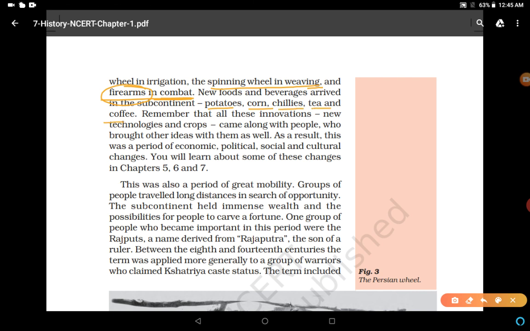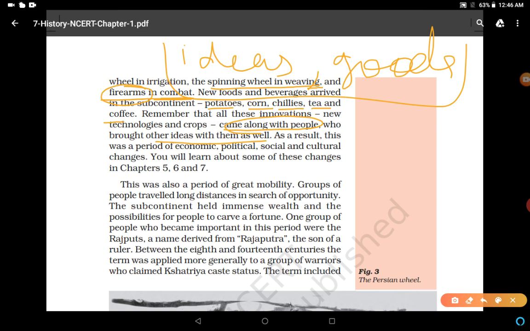Remember that all these innovations, new technologies and crops came along with the people who brought other ideas with them as well. New ideas came to the subcontinent, new goods came to the subcontinent, with the people. It means this was only due to the movement of people.